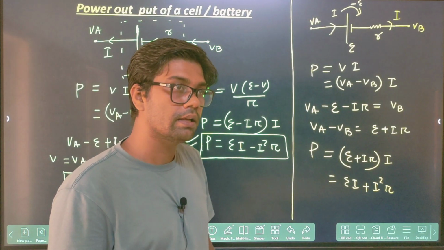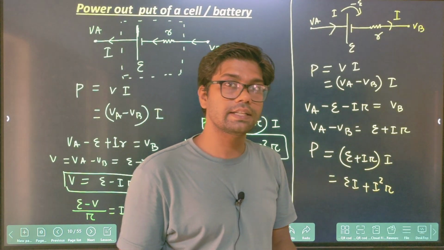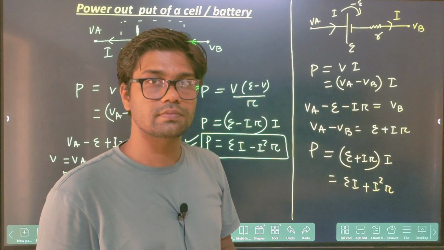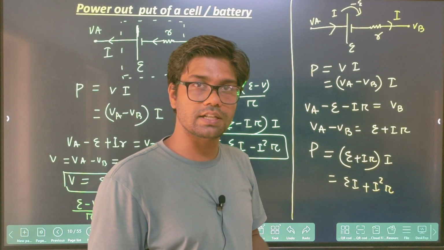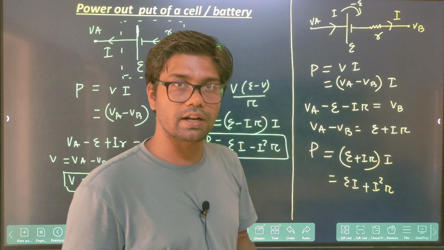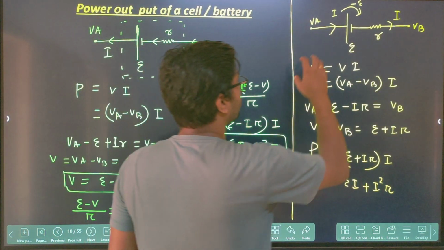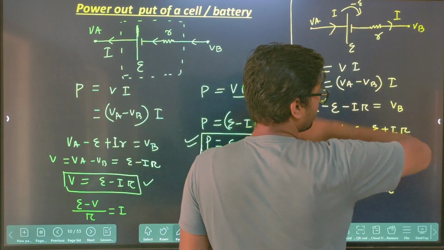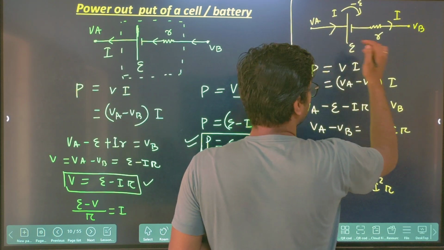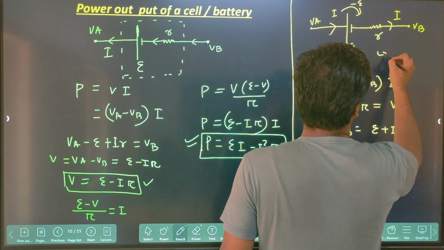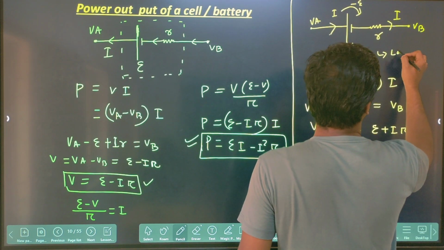That means you can say that the battery is getting charged now, right, because you charge the battery by electrical energy, then you use that one, right. So here the battery, or basically the cell, is behaving like a load.